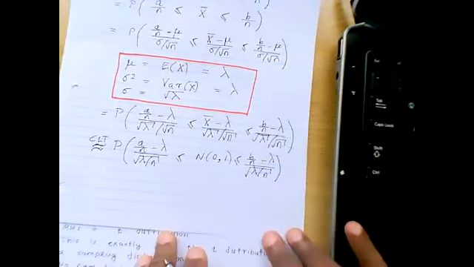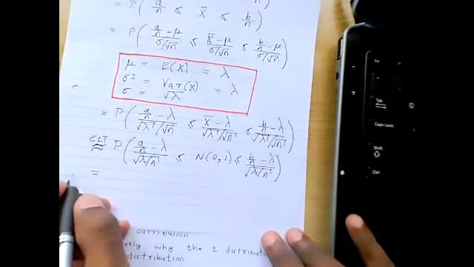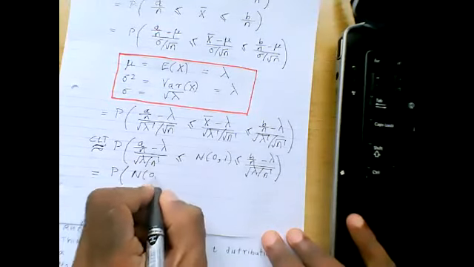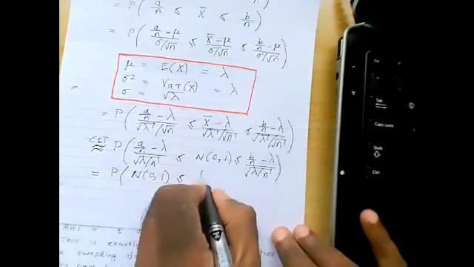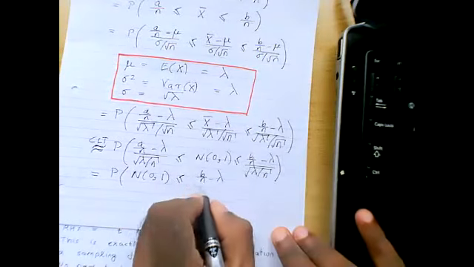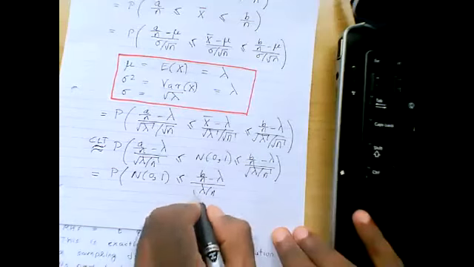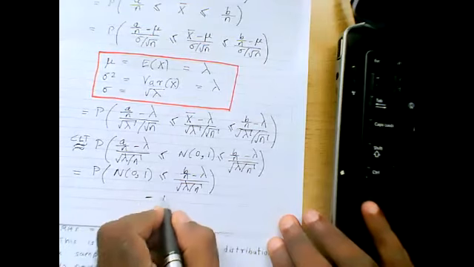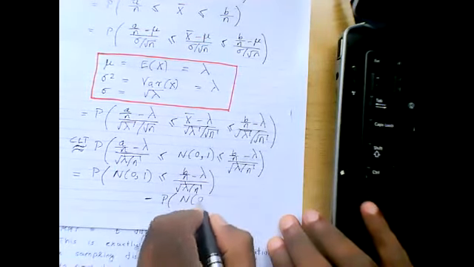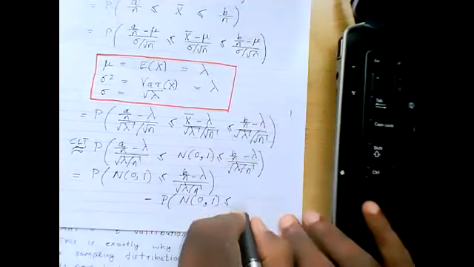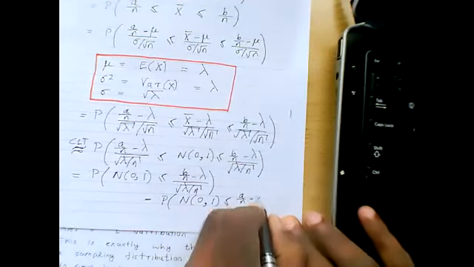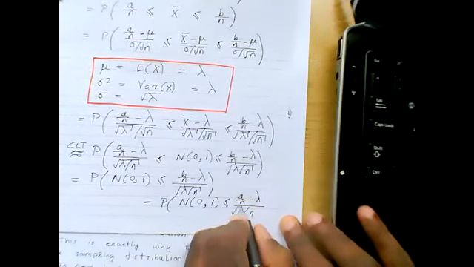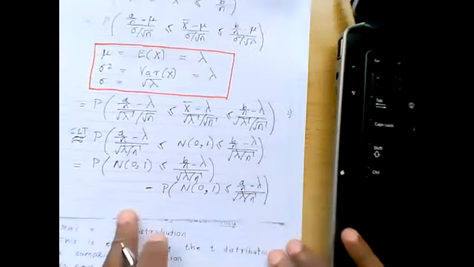All right, guys. Okay, now this you can write as the probability that a standard normal variable is less than or equal to something, minus the probability that another.